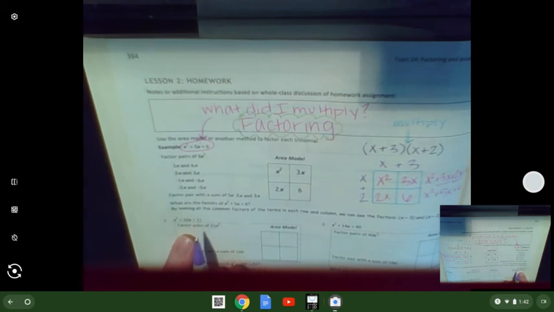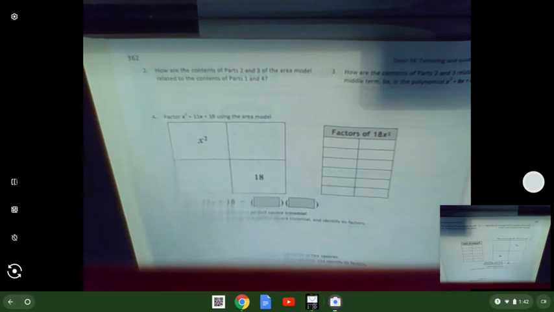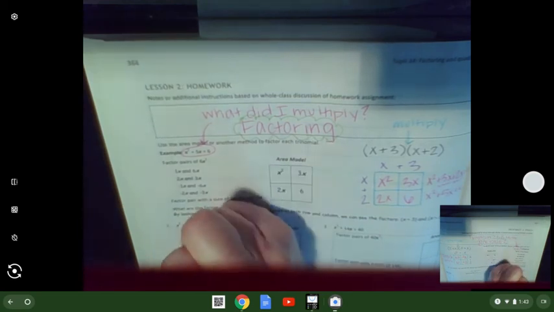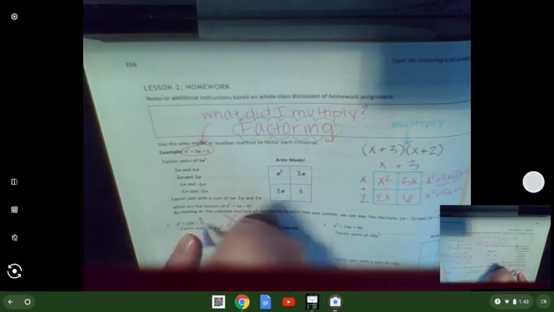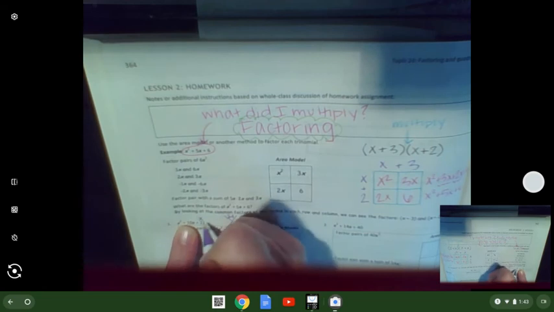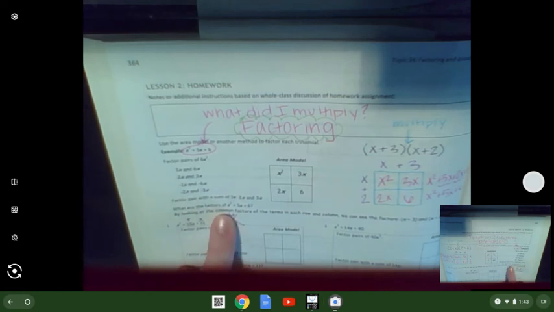That 21, if you want to think about these special box problems, is what you need to multiply to. If you have this special box, that 21 goes on the top. That 10 is what we need to add to. It's what goes on the bottom. I need two numbers that multiply to 21 and add to 10.